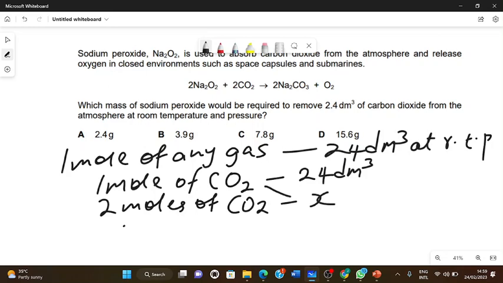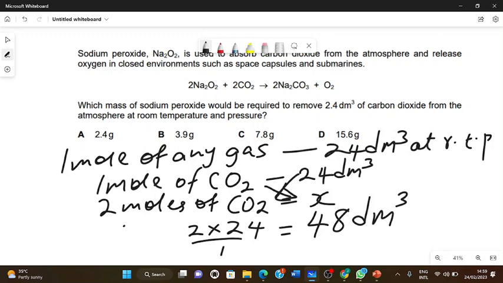So we'll cross multiply. That means 2 moles of carbon dioxide will occupy a volume of 2 times 24 over 1, which is 48 dm3 of carbon dioxide. So 2 moles of carbon dioxide occupy a volume of 48 dm3.